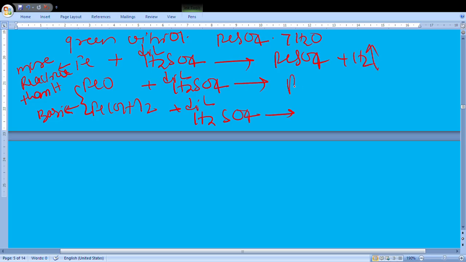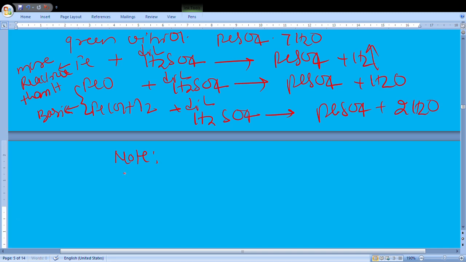Second, FeSO4 plus H2O. Third, FeSO4 plus twice H2O. If we are taking concentrated with Fe, not with FeO or Fe(OH)2, because they are basic compounds, so we need just dilute H2SO4.